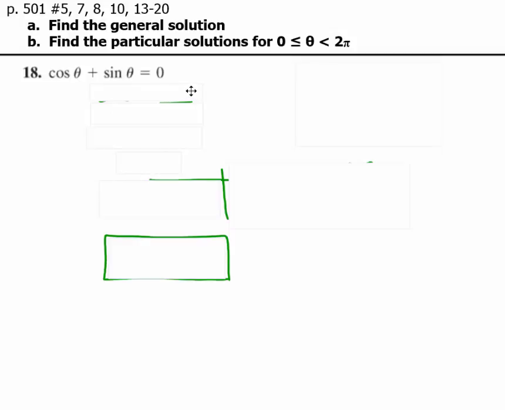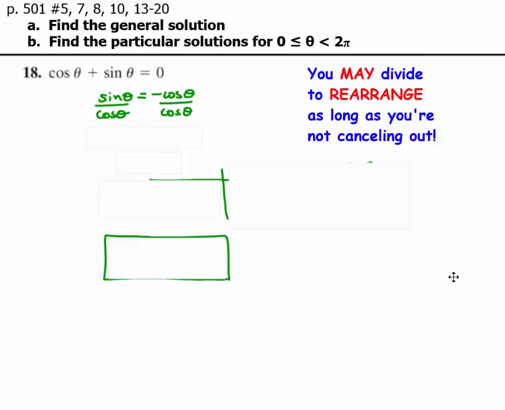So what we can do is we can subtract cosine theta from both sides in order to divide it. Now, I know what you're thinking. You're thinking, don't divide, don't divide, don't divide. We just did that. However, it's okay to divide as long as you're just dividing to rearrange. So I'm not crossing cosine off of both sides. It's not disappearing. It's just moving.